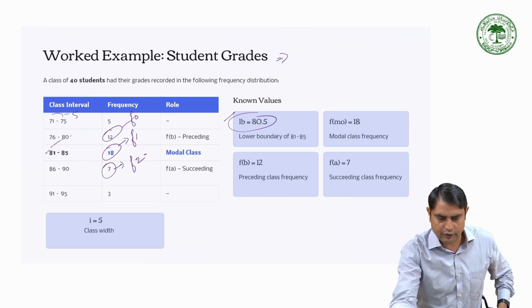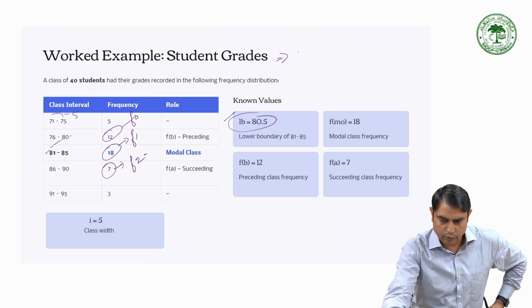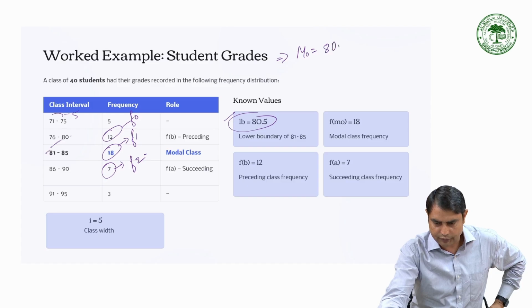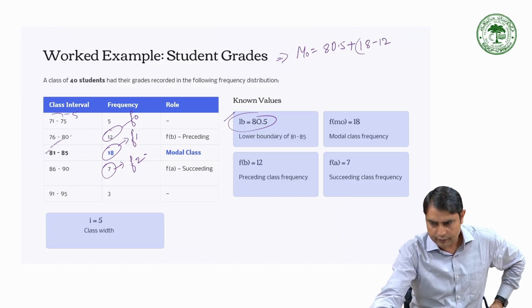So my mode is equal to L1, which is 80.5, plus (frequency 18 minus 12) upon (2 into 18 minus 12 minus 7) into 5.